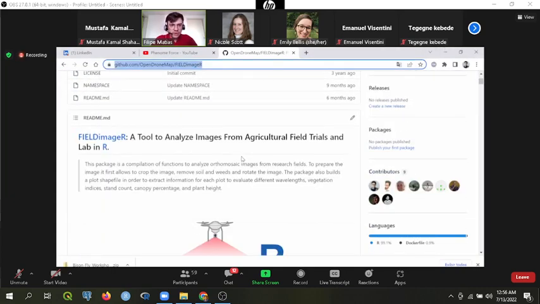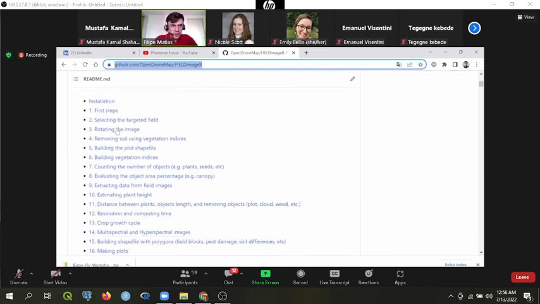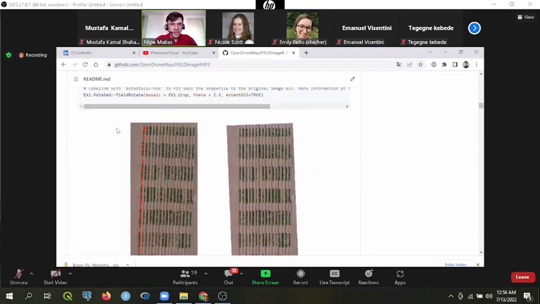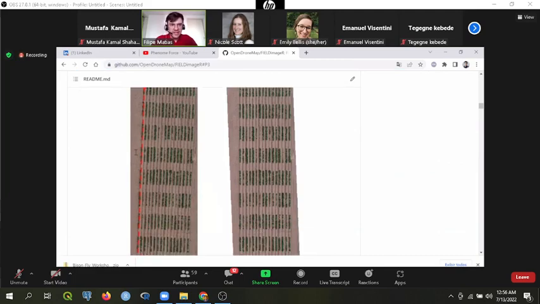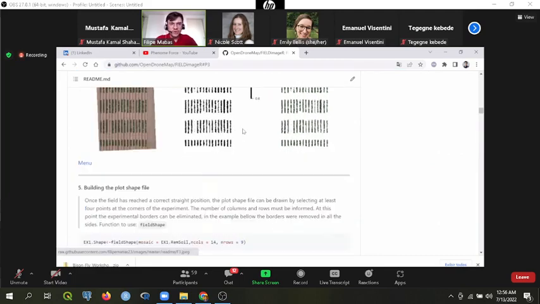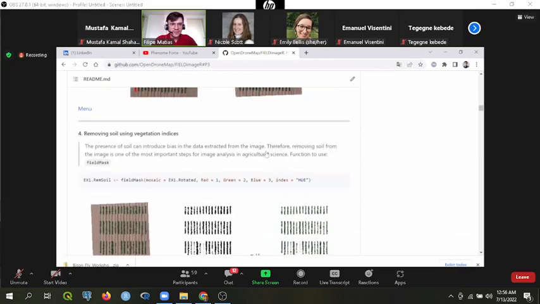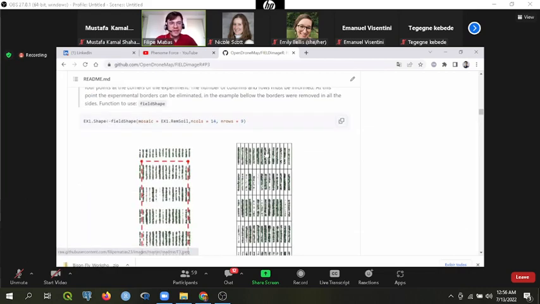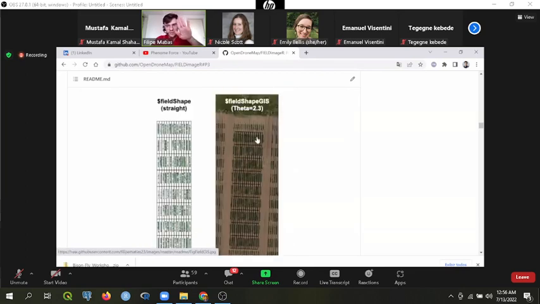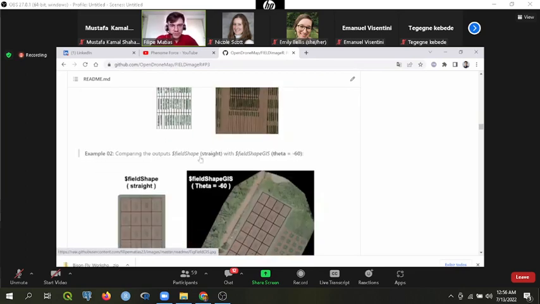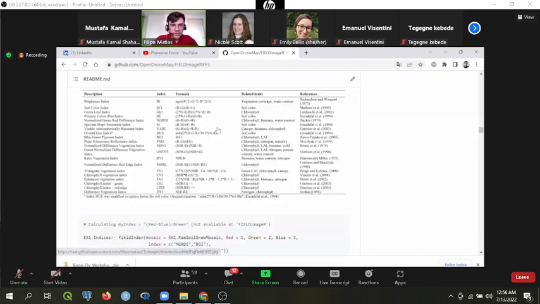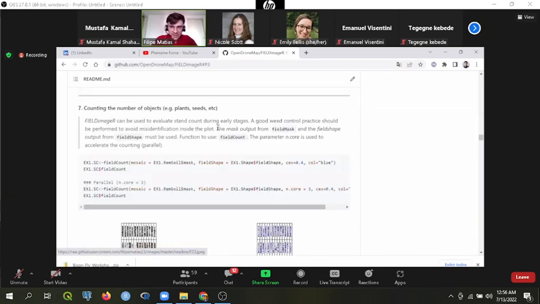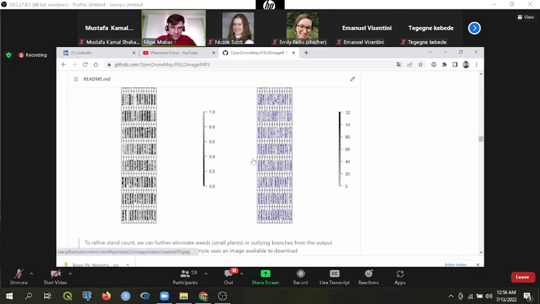In the tutorial, we go from how to rotate the image, how to remove the soil, and there is some explanation of how to do the plot boundaries, how you can use the original angle, the boundary, and how you calculate vegetation. There are many steps and information that we are not covering here today. I'm going to put it in the chat. If you have a question, you can also contact me.